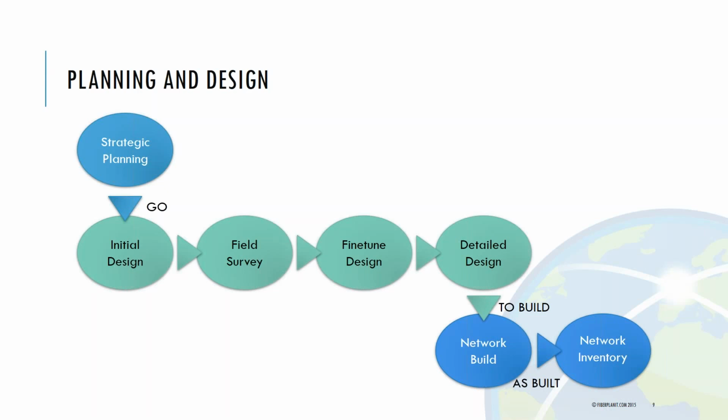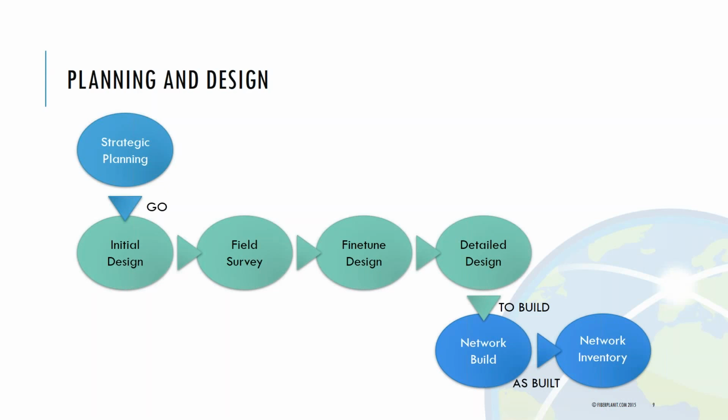In this stage of the planning, we will look at the big decisions, the business case, how much does it cost to deploy fiber in a certain area, but we will also try to compare different scenarios, whether it's, for example, in a PON network, where to put your splitters, which split ratio to use, and each time we are interested to see how any decision will impact the total cost of the project. And from that analysis, we can make the decisions on where to deploy and how to deploy the network.